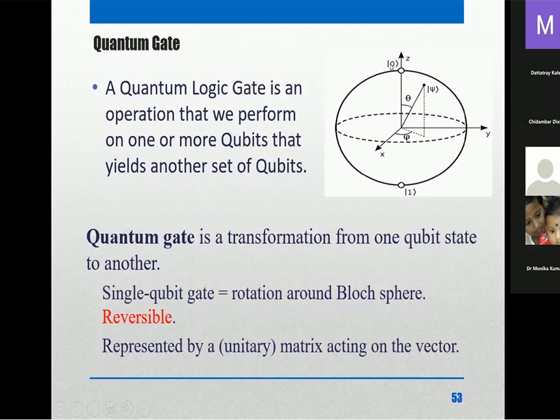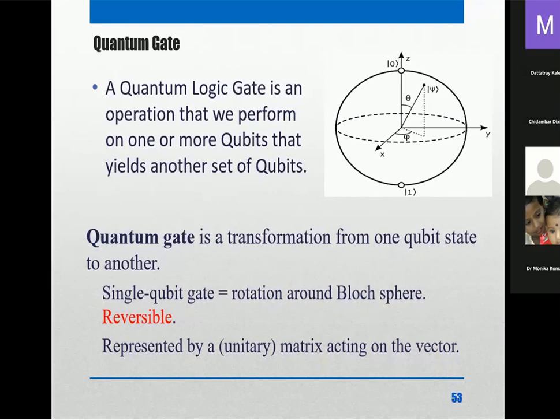This is the ground, 0 state on the top Z axis. 1 is on the X axis and Y is here. So when the polarization happens, the state on the Z or X axis will immediately change from the ground and reach the excited state.